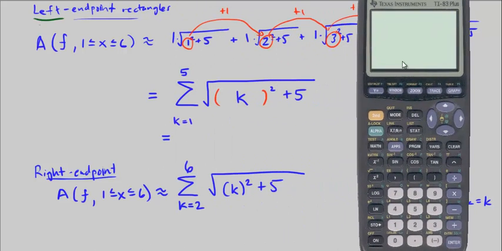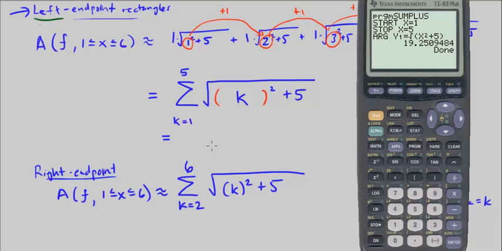Right? Because we have a program that will do it all for us. So let's go ahead and run the program, sum plus. So our left endpoint, we're going to start here. So we're starting at 1, we're stopping at 5, and our expression is the square root of, and instead of k, remember I'm using x squared plus 5.